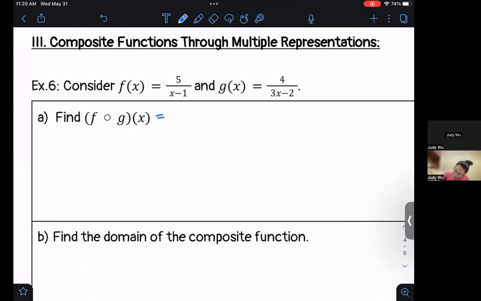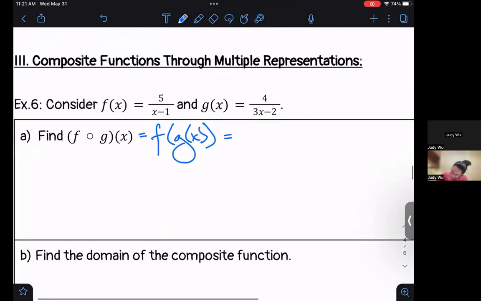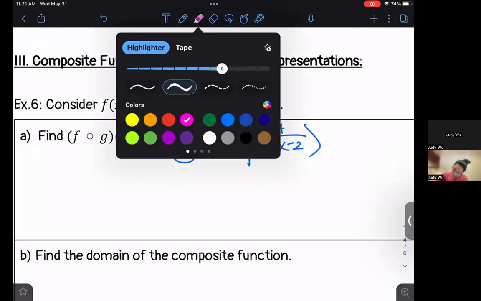Now this is the same thing as writing f of g of x, meaning I'm going to put the g equation into the f equation, okay? And so when I put the g equation into the f equation, I'm really saying f of 4 over 3x minus 2, right?